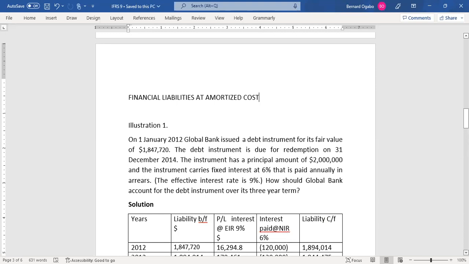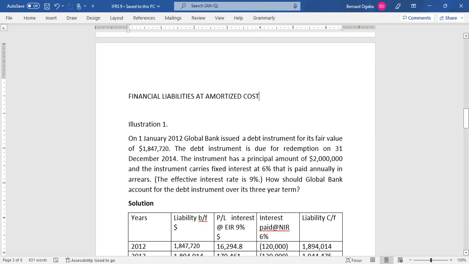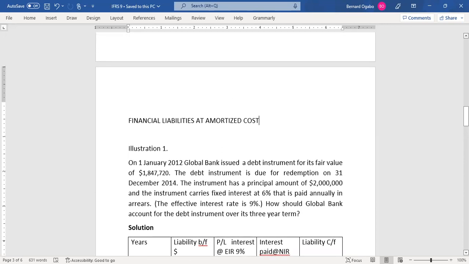The last time we looked at compound financial instruments, I talked about the effective interest rate. I said I was going to explain it in detail. The effective interest rate method is used for the amortization of interest over the tenure of a financial asset or a financial liability.